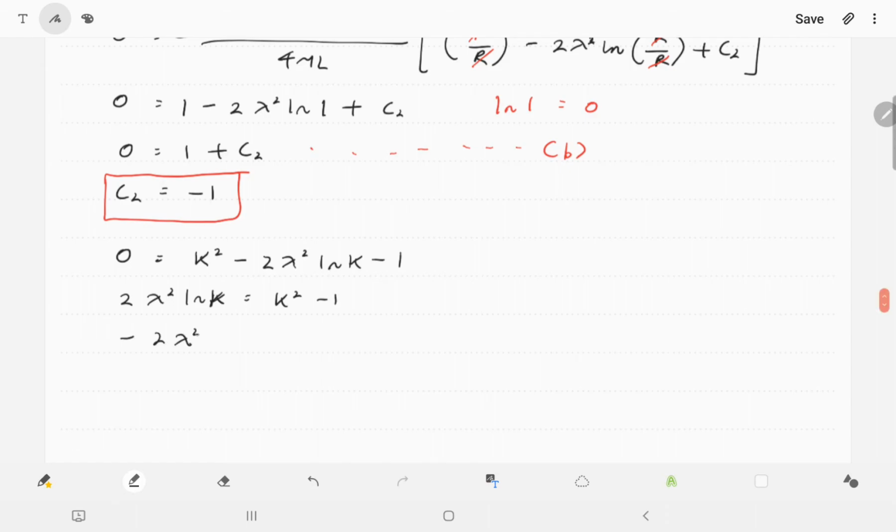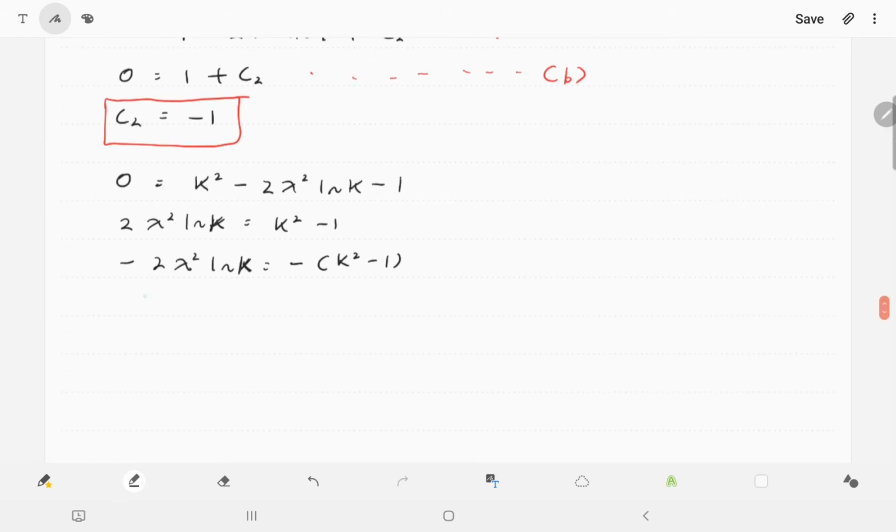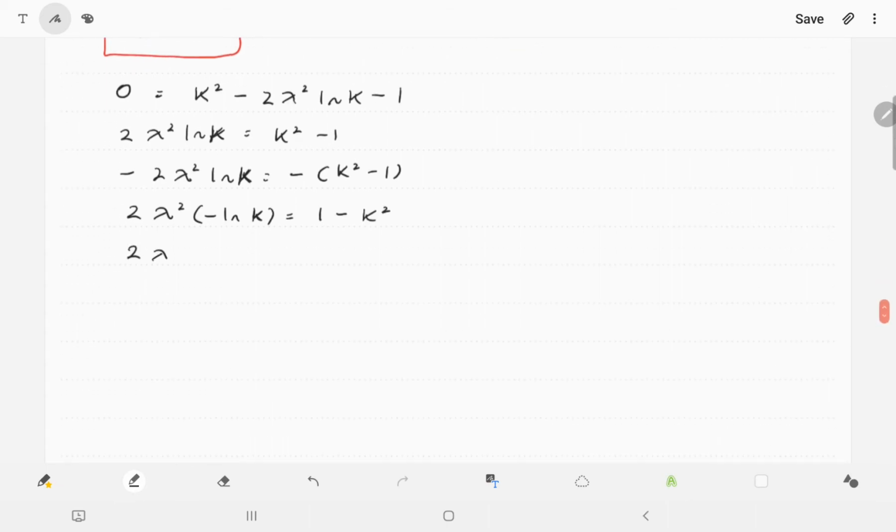So minus 2 lambda square ln k is equal to minus k square plus 1. Then 2 lambda square ln k minus 1 will be equal to 1 minus k square. So your 2 lambda square will be equal to 1 minus k square divided by ln 1 over k.